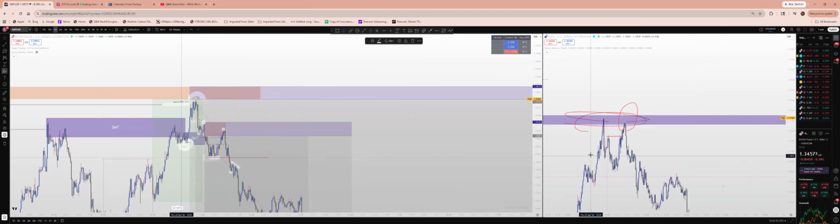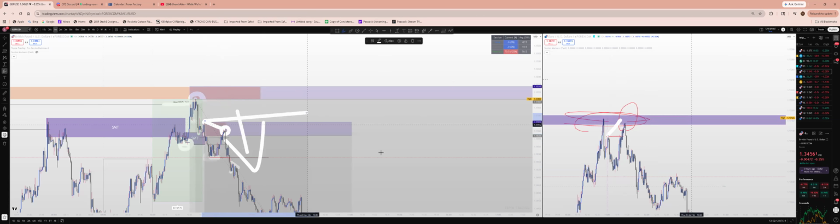This high is equivalent to that high. You don't have to put limits here, but when price came here, look what it's doing. It's making a higher high, then a lower high. You're not trying to find the direction, you're already looking just to execute. For me here, I would have just put it here, stop loss above.